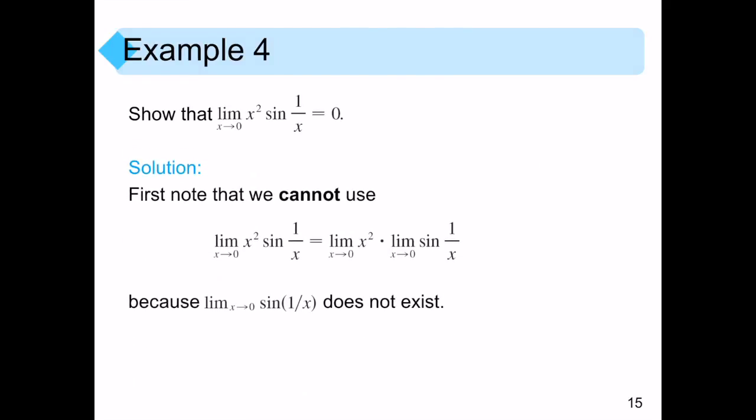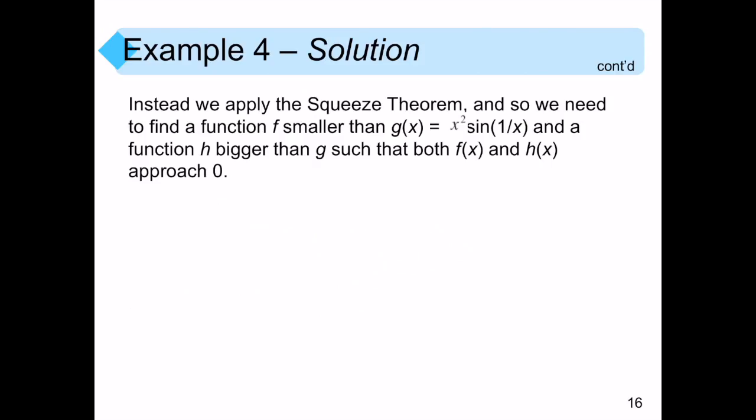First, since it's a product, we want to use the product rule. This is a product, so this part times this part. Unfortunately, this part's limit does not exist, so we can't use the product rule. And so we are going to use the squeeze theorem. We need to find a smaller function and a bigger function.